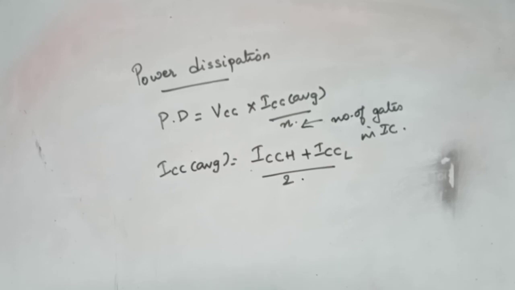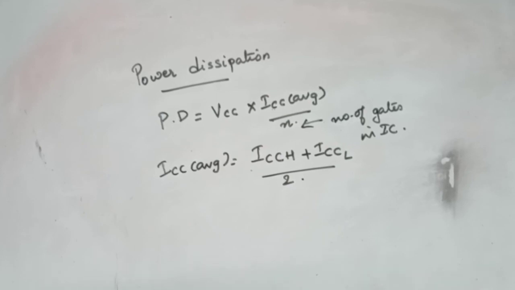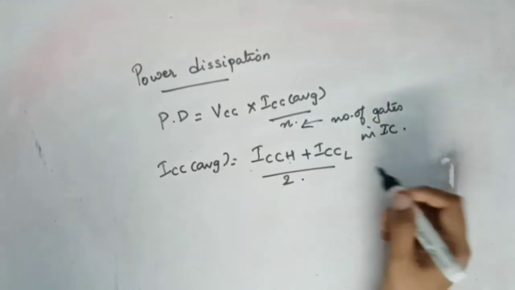That is the maximum current that is possible inside that IC. So that is ICCH.